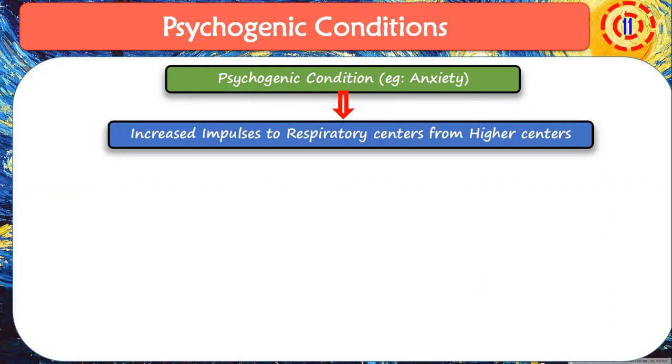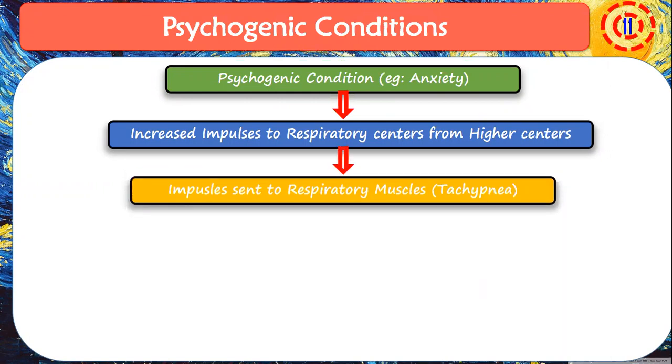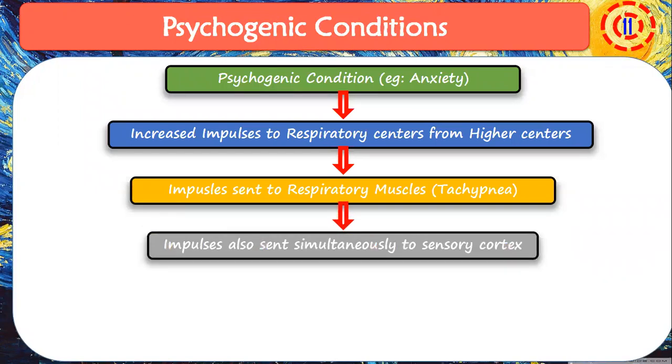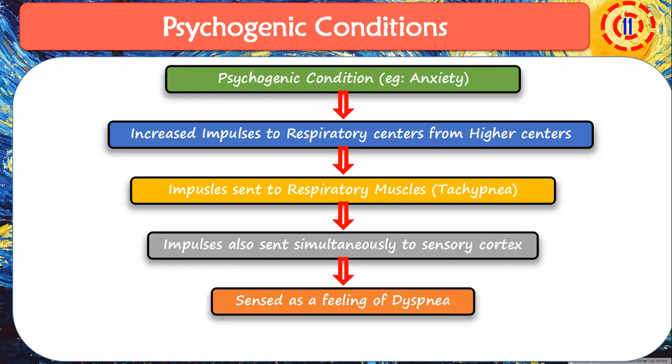And once there is increased rate of impulses sent from the higher centers to the respiratory center, these impulses are simultaneously sent to the respiratory muscle, resulting in tachypnea. But side by side, when these motor impulses are being sent, the impulses also come back to the sensory cortex. And when the impulses are sent to the sensory cortex, these are sensed as a feeling of dyspnea.